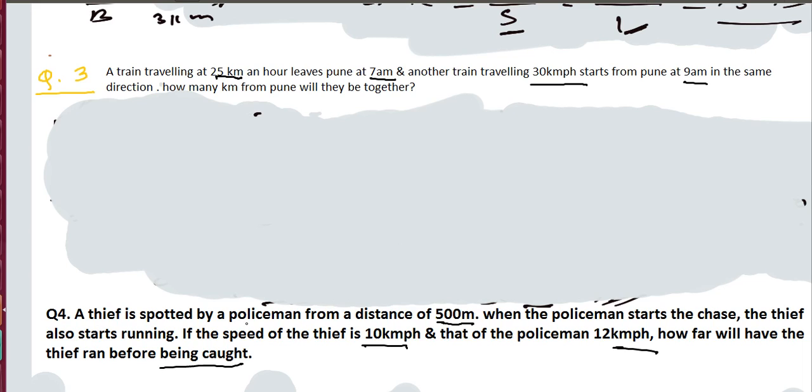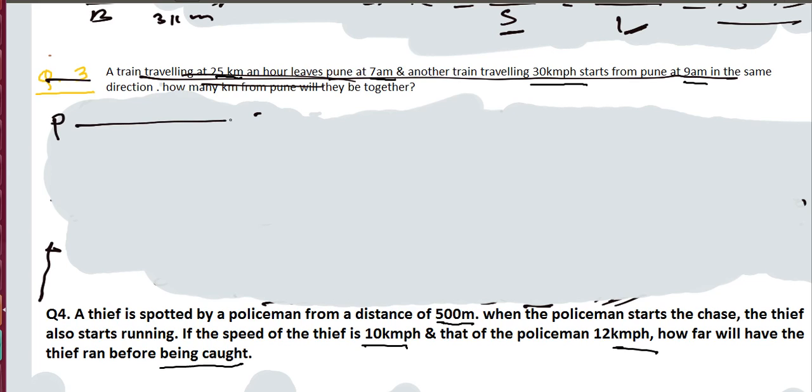So I'll be solving this question here. Here is a policeman and here is a thief, right? So the distance between them is 500 meters or half kilometer.